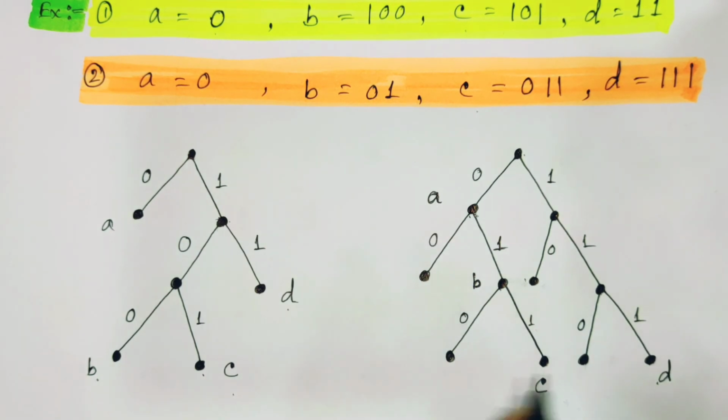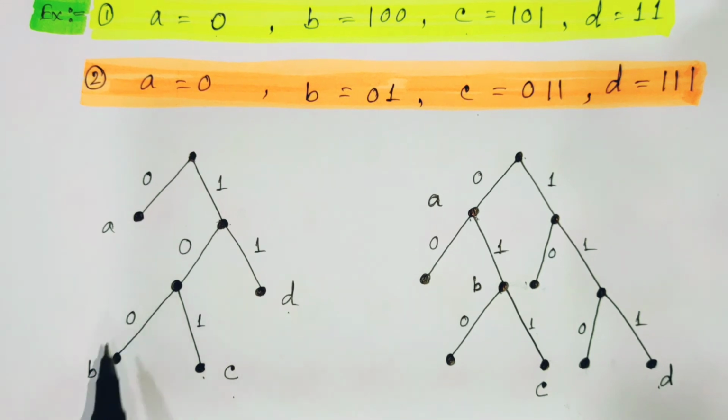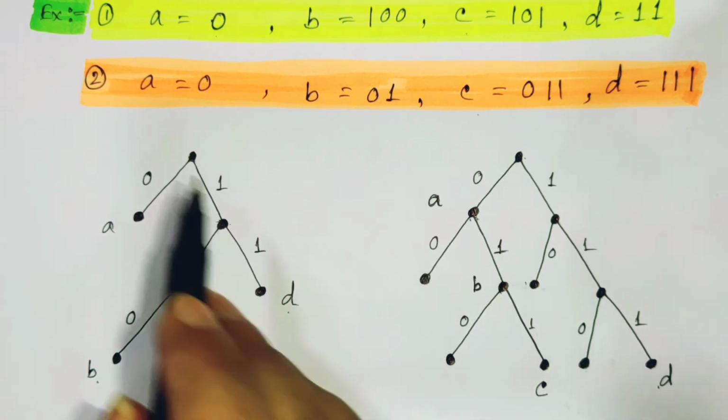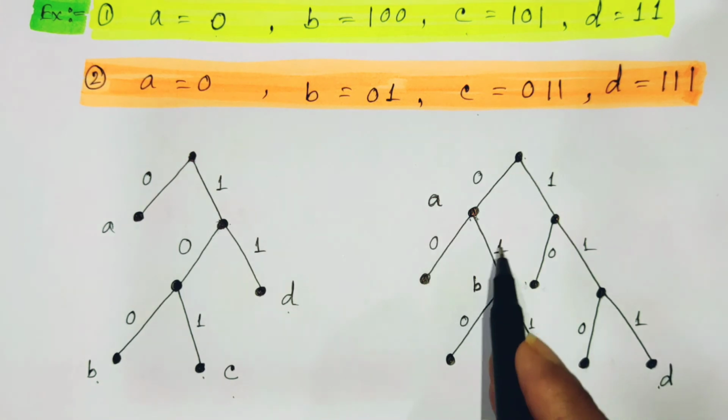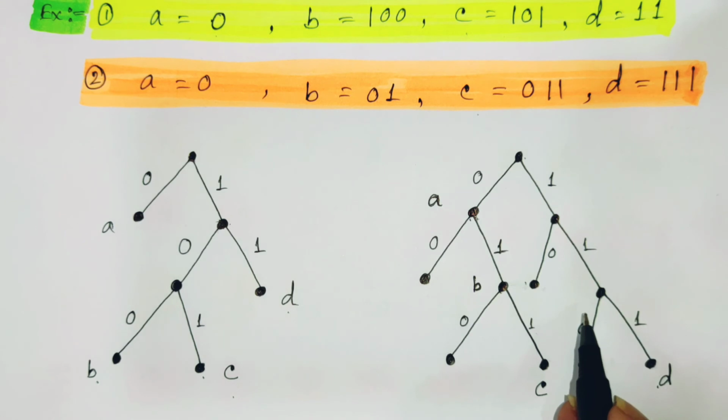So in these two binary trees, we find that in the first binary tree, all the given variables lie in the leaf nodes, or the external nodes. But here few variables are representing internal nodes.